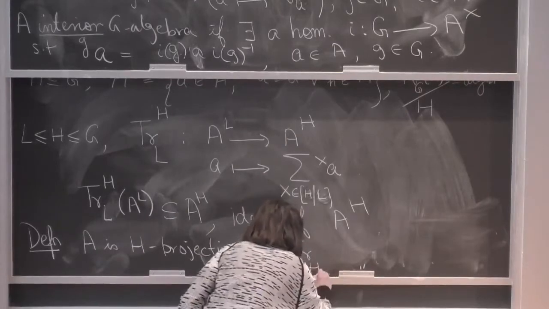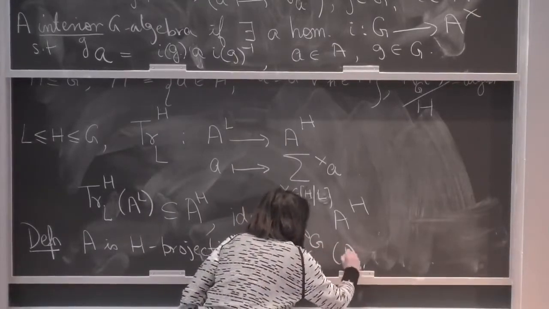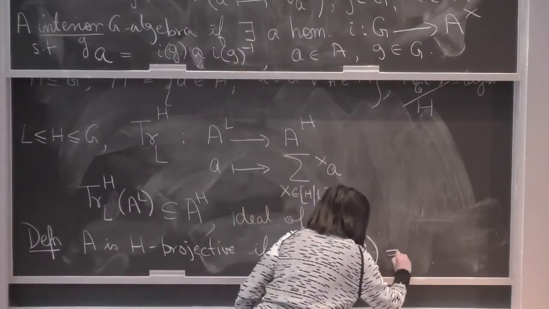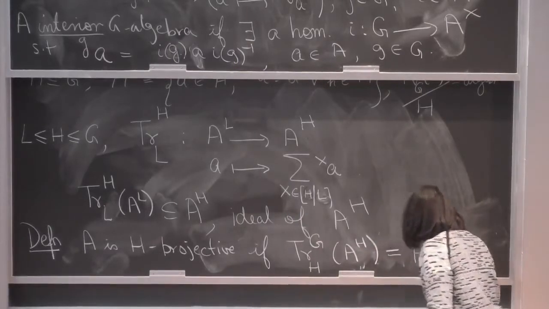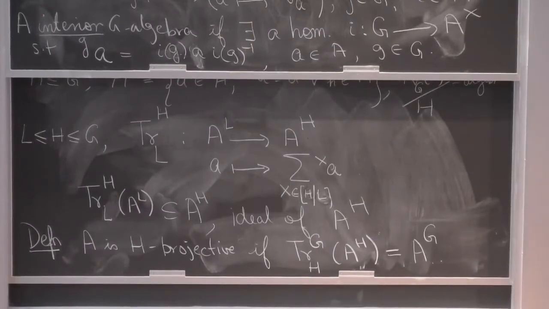So if you go from trace H to G of A^H, you're going to land in the fixed points of G itself, but if you get the whole thing, as big as possible, then we say that this algebra A, which is a G-algebra, is H-projective.